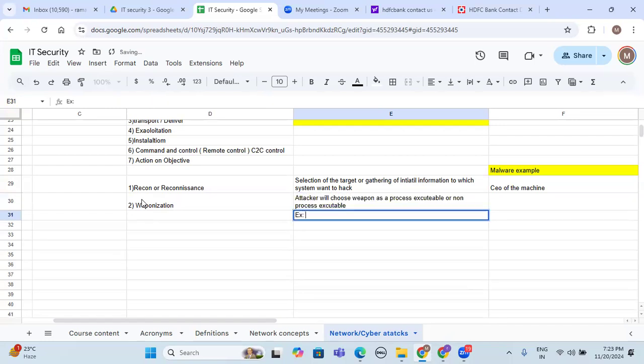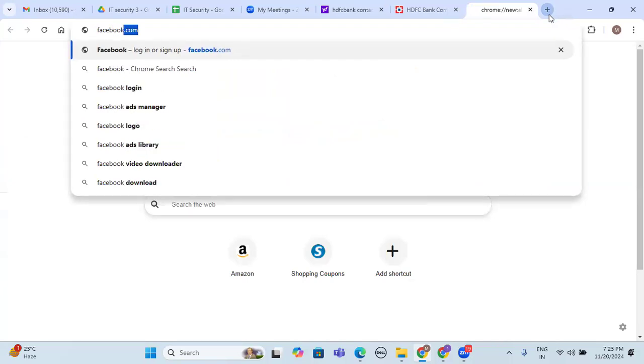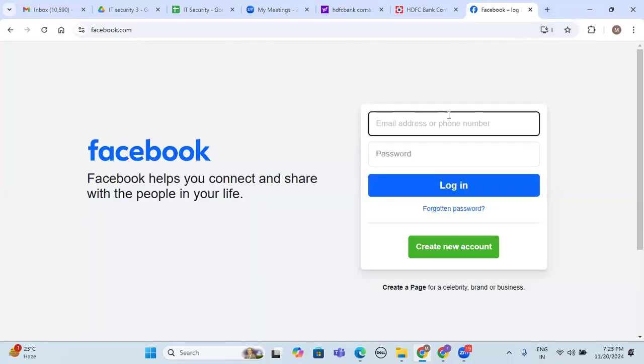Examples: macros, input validation, PDF files, executables, CSV, etc. Input validation means, for example on facebook.com, wherever the user is providing credentials, or a share, comment, feedback or summary, those fields we call input validation, where the user is providing the input.